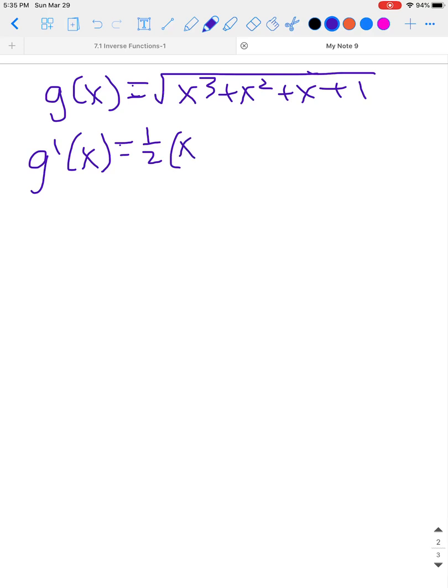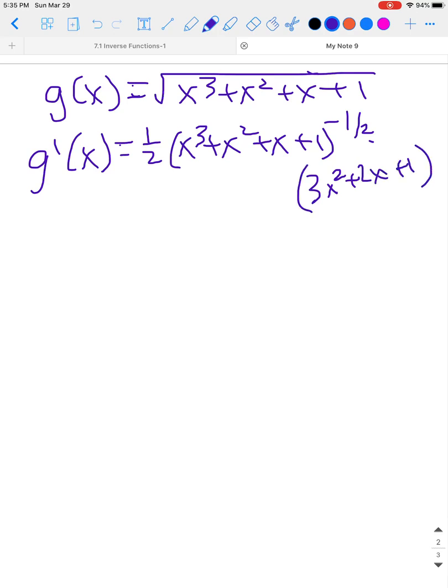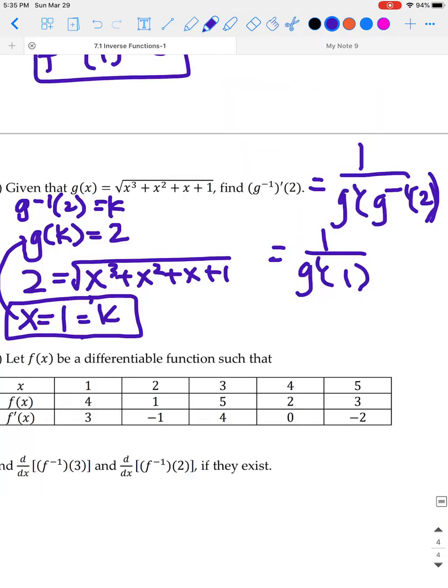So g prime of x is going to equal 1/2 times x cubed plus x squared plus x plus 1 to the negative 1/2 times the derivative of x cubed plus x squared plus x plus 1, which will be 3x squared plus 2x plus 1. So we're going to multiply all that together.